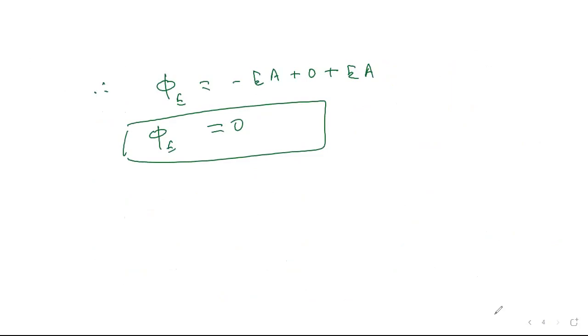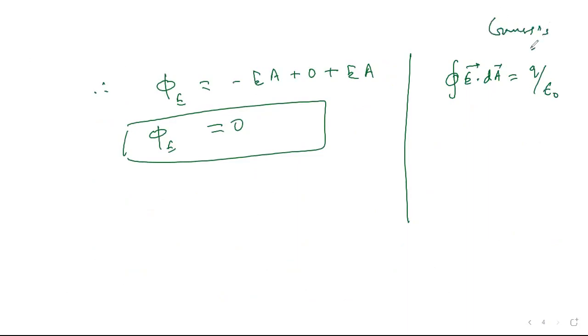As is expected from Gauss's law, you know electric flux through some closed surface is proportional to, you write this equation, Gauss's law. You know Gauss's law for electrostatics says the net flux through a closed surface is equal to Q by epsilon naught, where Q is the net charge inside the closed surface, which we call the Gaussian surface, right?